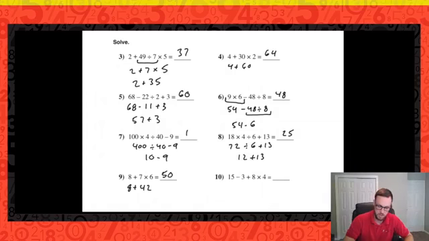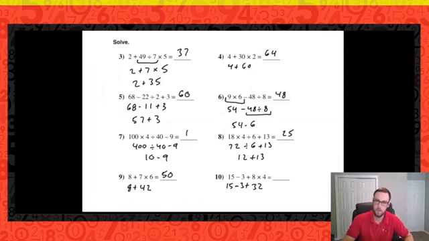And number 10. Very good. We're going to do 8 times 4 first, which is 32. Bring down the rest of my problem. Now I have 15 minus 3 plus 32.